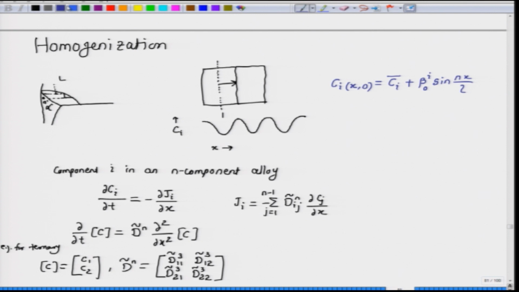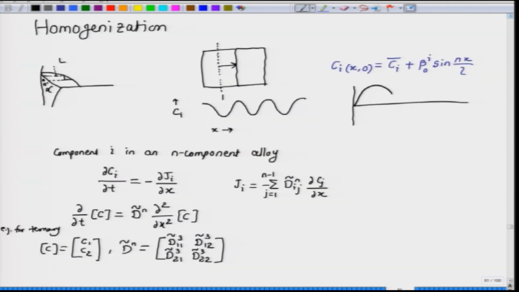If we draw a sinusoidal pattern here again, the Ci bar is the average concentration about which the oscillations of concentration occur. Beta 0 i is basically the amplitude of the pattern for component i, and 2L is the period of the pattern.